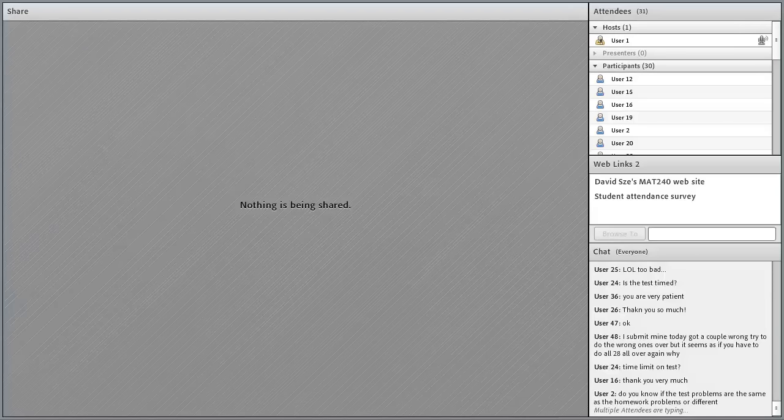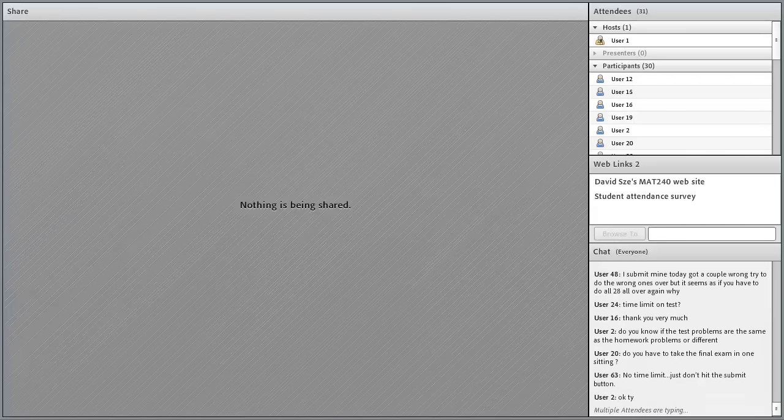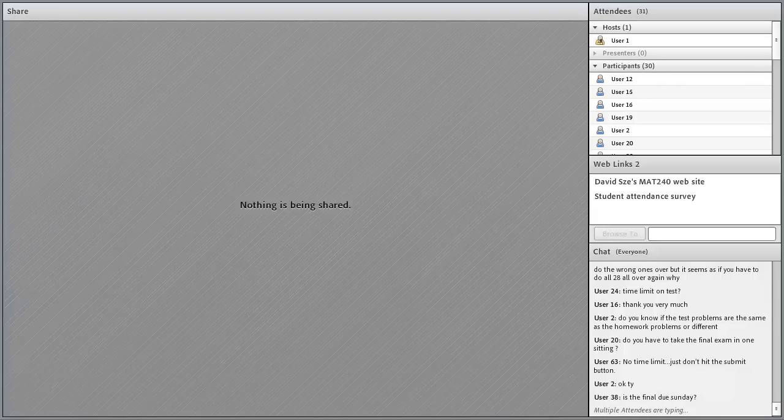That's all I can say. They're very similar to the problems in the homework. Nope, you can take it in multiple sittings. I think somebody mentioned earlier that you just have to close the exam without hitting submit, and then you can resume later.